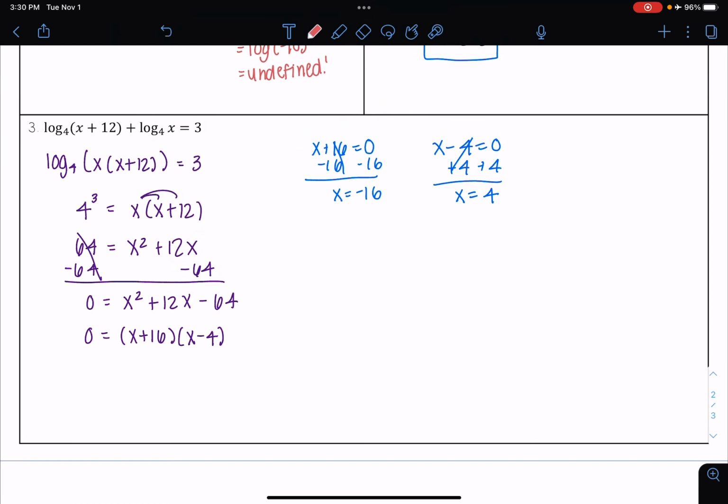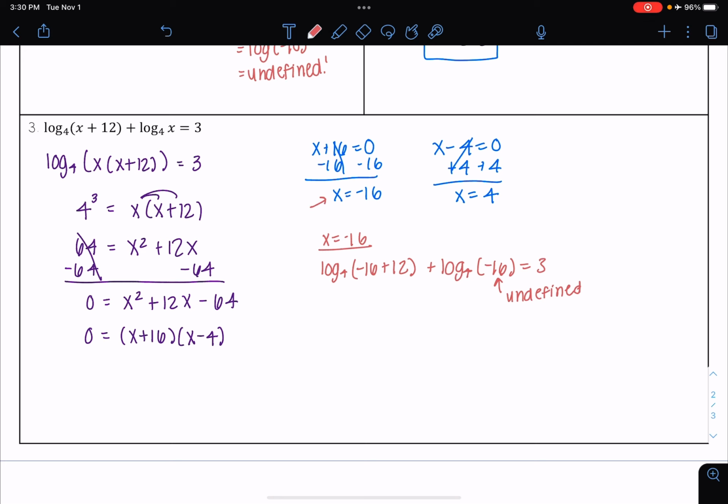And so when I plug in x equals negative 16 into here, I have log base 4 of negative 16 plus 12 plus log base 4 of negative 16 is equal to 3. Well, I see I have a negative in here, which is going to be undefined.